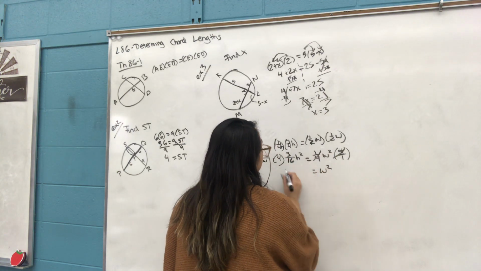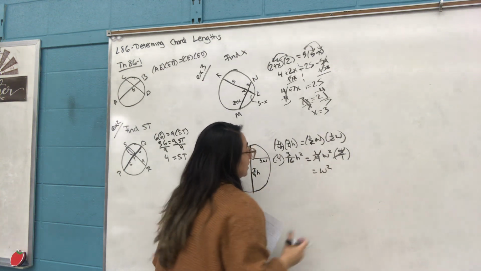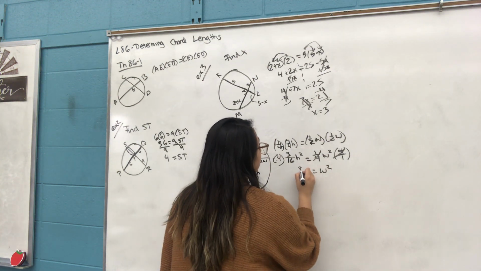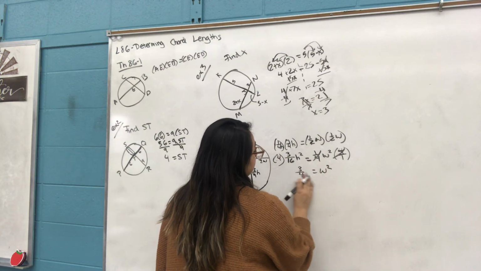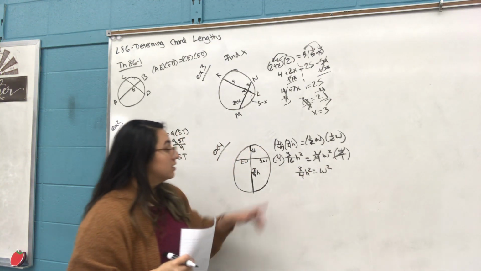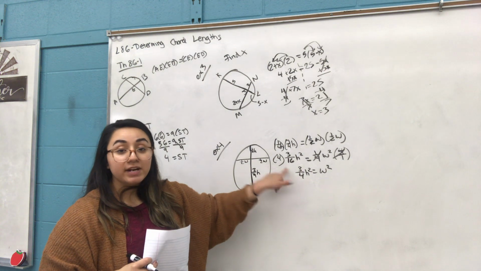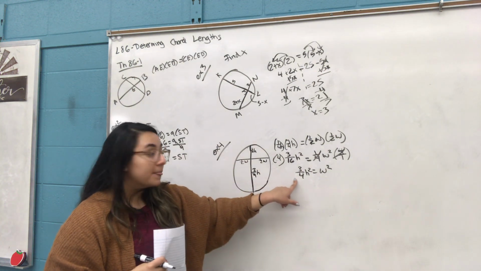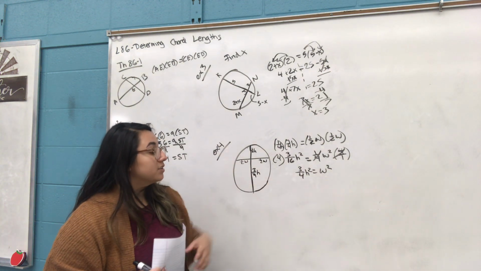I get W squared is equal to 4 times 3 is 12, 12/16. 12/16 can be simplified to a lesser fraction of 3/4. So now I have 3/4 H squared is equal to W squared.